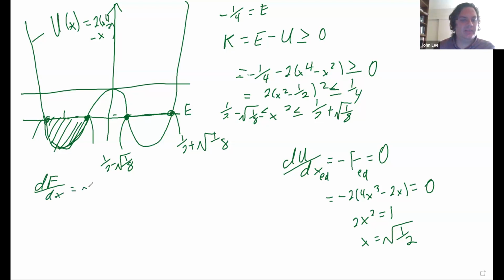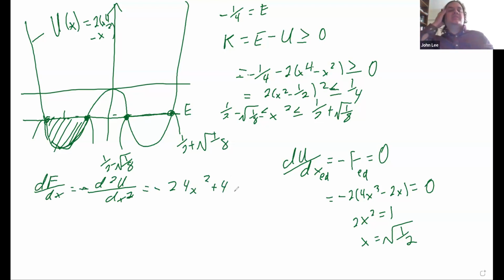So dF/dx equals negative d squared u/dx squared, which is equal to negative 24x squared plus 4.